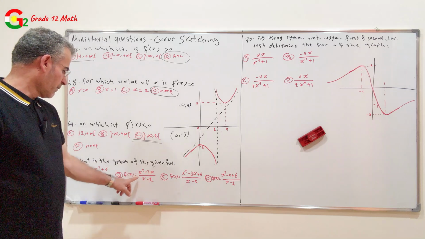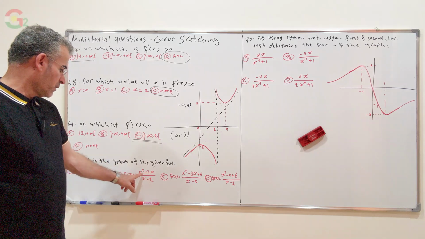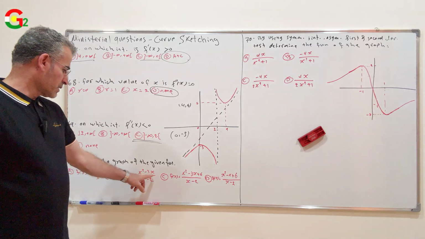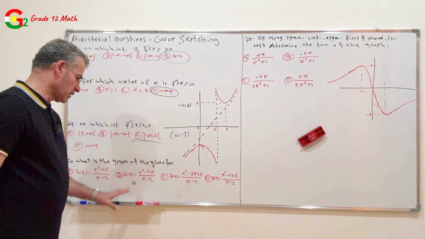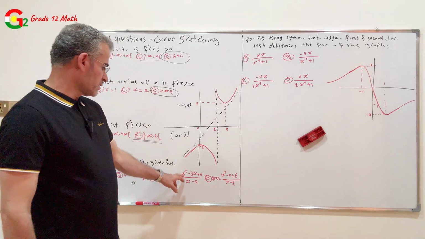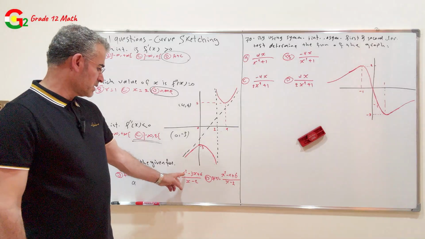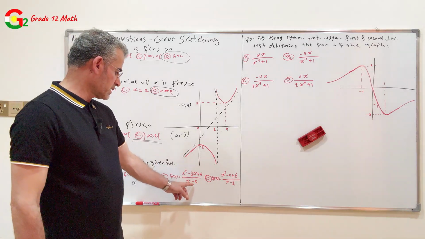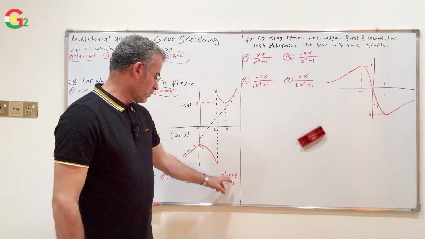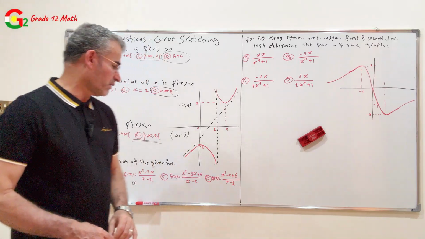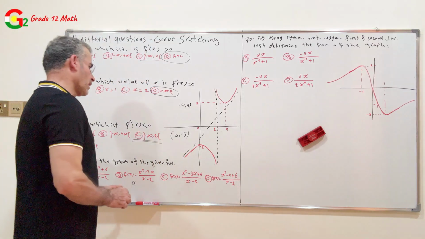If we substitute 0 in B, 0 minus 0, 0 over negative 2, 0, it is not negative 3. This choice is wrong. If we substitute every x with 0 in C, 0 minus 0 plus 6, 6 over negative 2, negative 3, it is right.